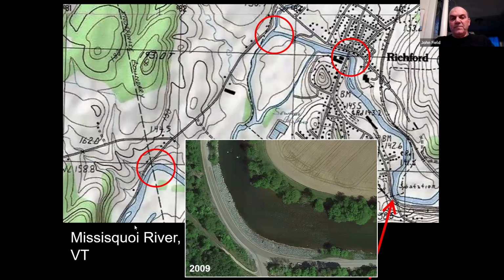On the Missisquoi River, we can see a number of sharp bends. These two here look like they might be armored or maybe some erosion. This one in the town of Richford is actually bedrock controlled, so not expected to be dynamic. This one here was freshly armored in 2009. There was armor there before.